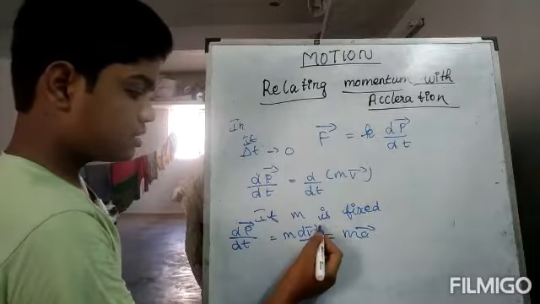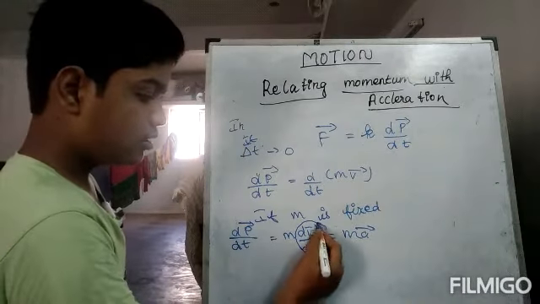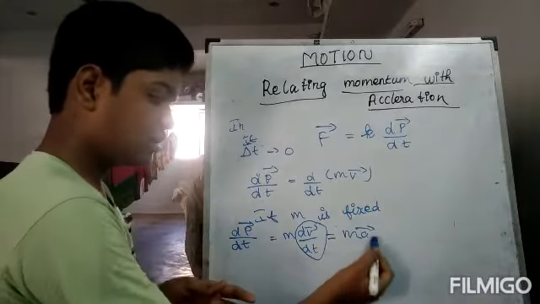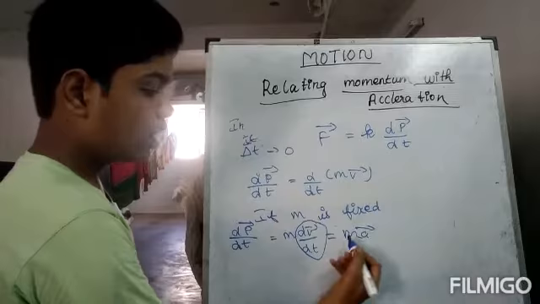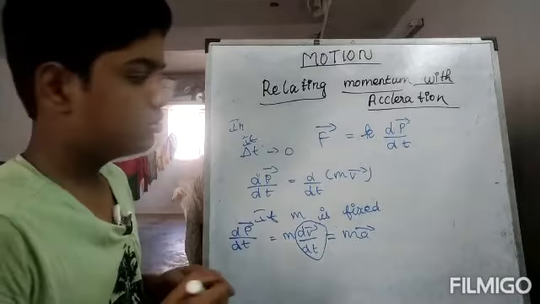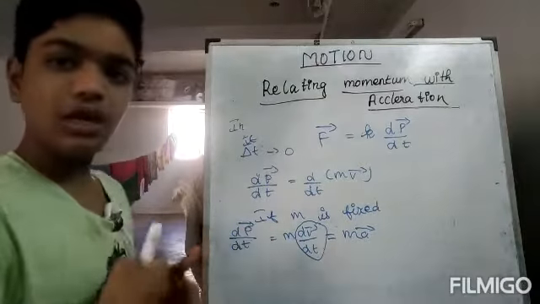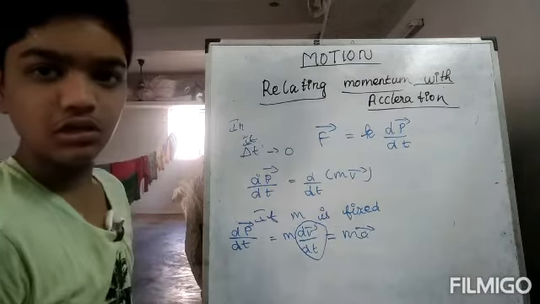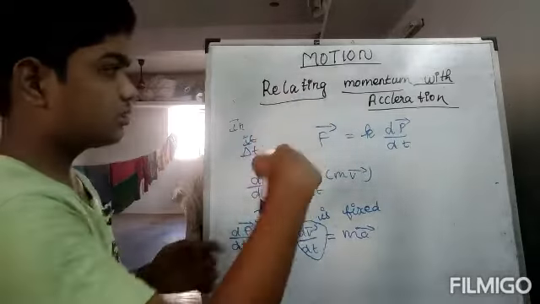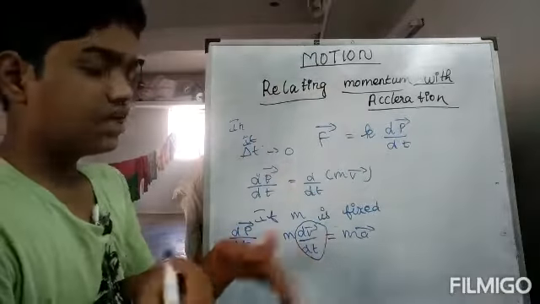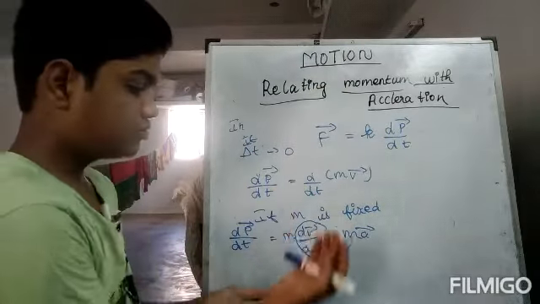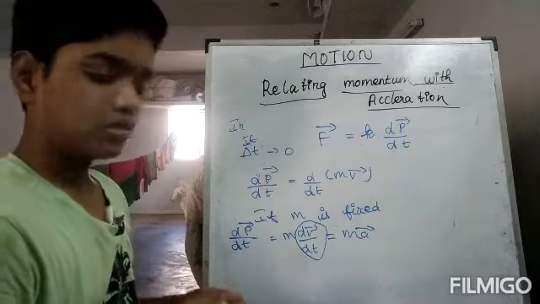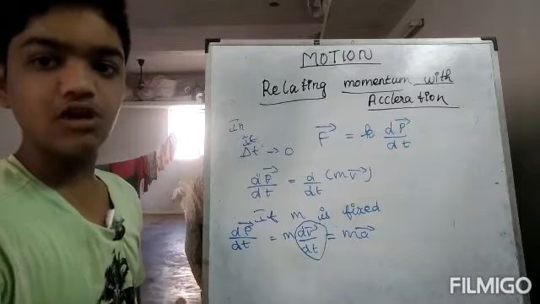Del velocity by del t is the unit of acceleration. So we got mass times acceleration. The rate of change of momentum is equal to mass times acceleration, m times a. So we have related the momentum with the acceleration.